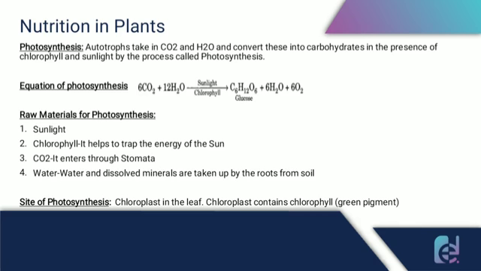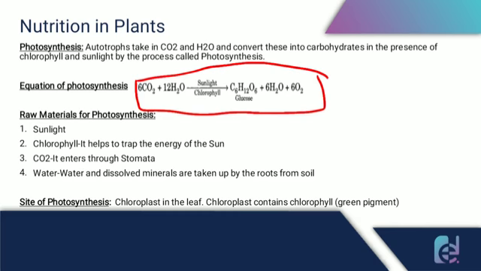Here the equation of photosynthesis is given. Kindly note it down: 6CO2 plus 12H2O, in the presence of sunlight and chlorophyll, gives glucose, that is C6H12O6, and water and oxygen.